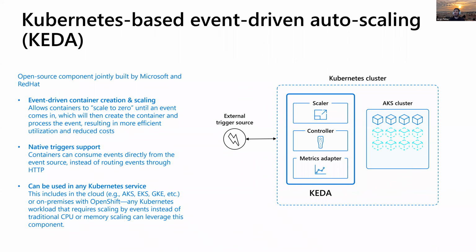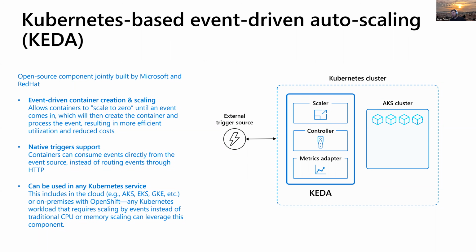And then finally, things like KEDA really kind of bring a different level of abstraction and a different level of tuning and workload aligned scaling, where you can actually have external triggers, where you can actually go from 0, so you can have your deployment all the way at 0 and then occupying absolutely nothing.